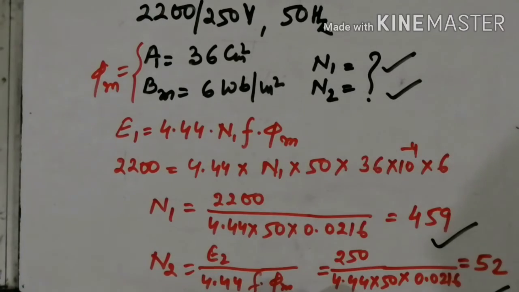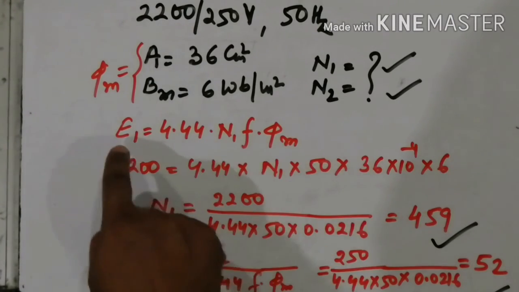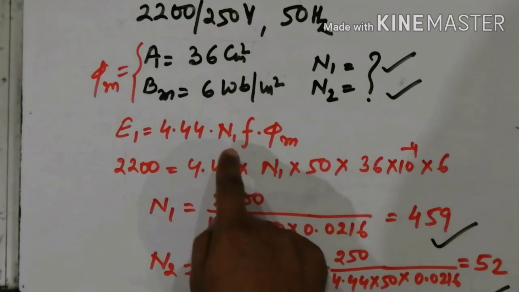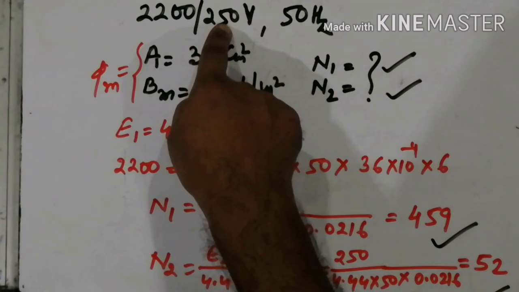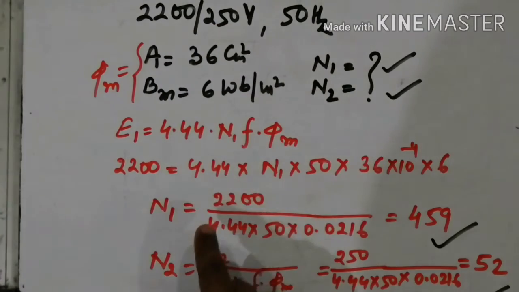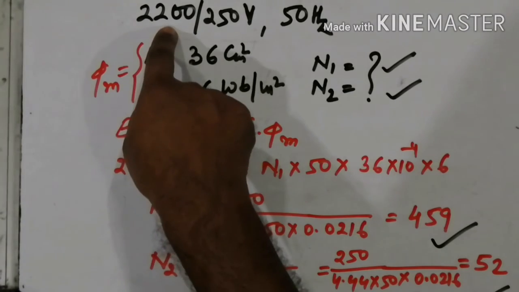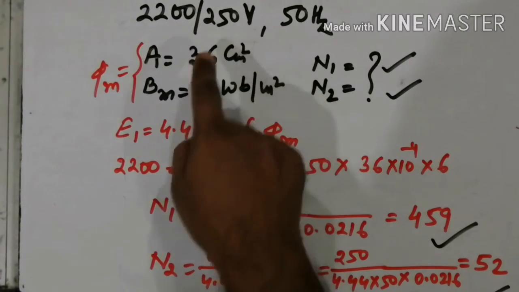I'm repeating over here. This is the EMF equation, right? This is the only equation by which we can calculate the value of N1 and N2, because voltages are given over here with the frequency of the single phase transformer. That's why E1 is this one, 2200, and this one, 250, is the E2, right?